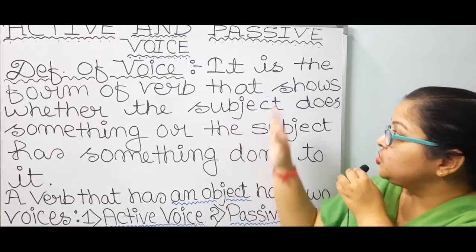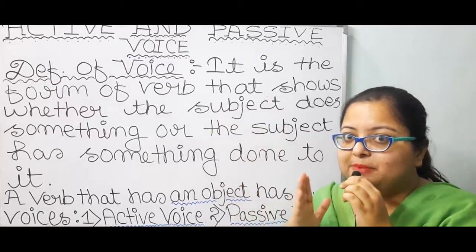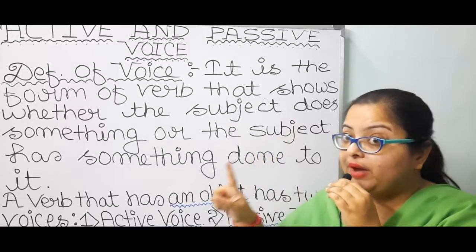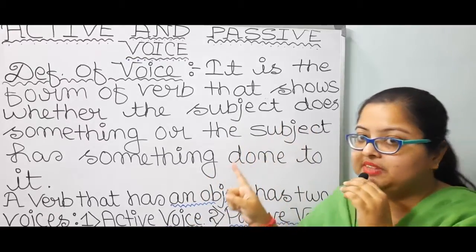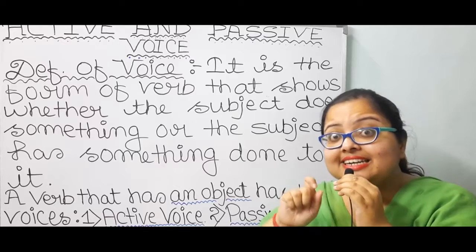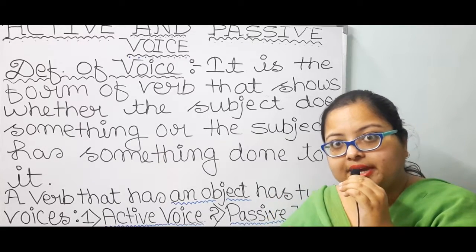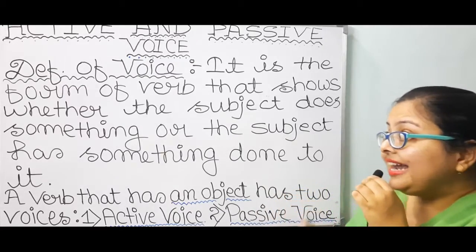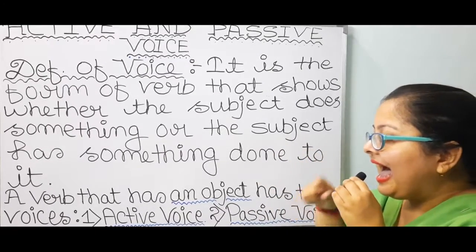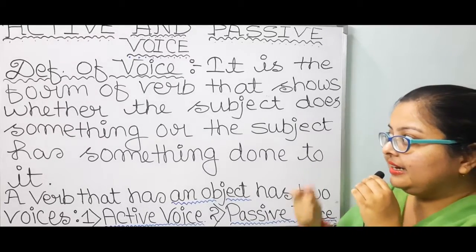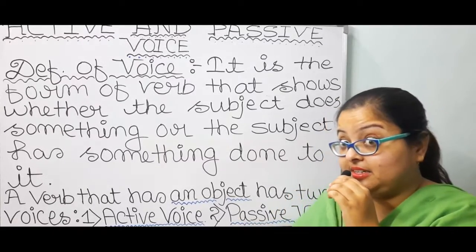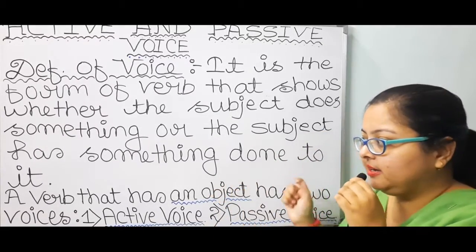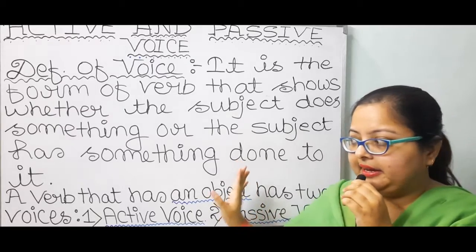It is the form of verb that shows whether the subject does any activity or not, or whether anything has been done by the subject itself, or done to it.